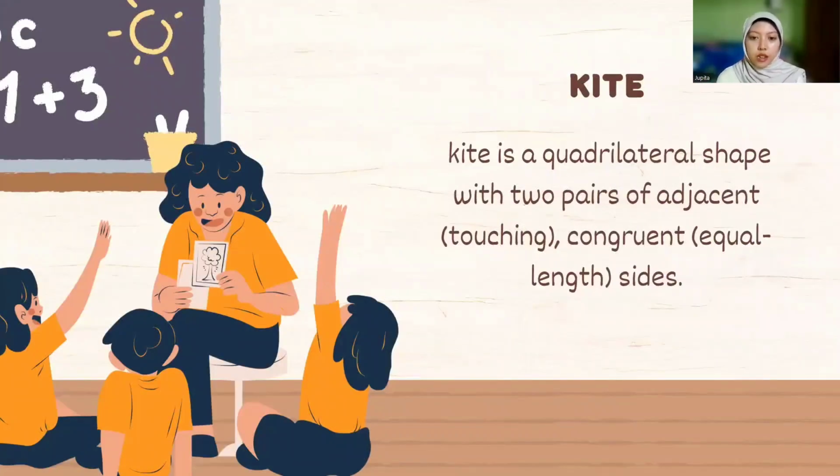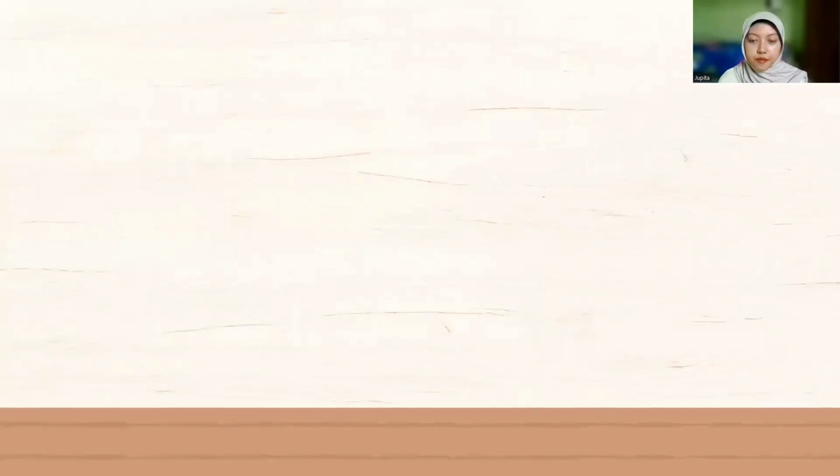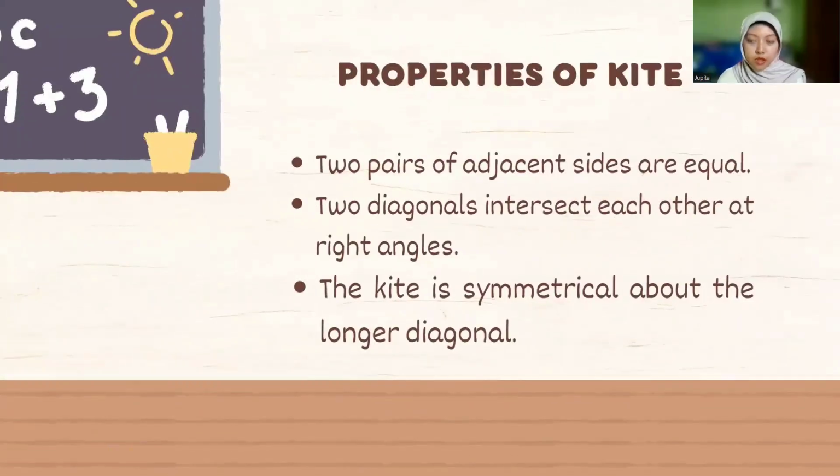Next, kite. A kite is a quadrilateral shape with two pairs of adjacent or touching, congruent, or equal length sides. Properties of kite. Two pairs of adjacent sides are equal. Two diagonals intersect each other at right angles.